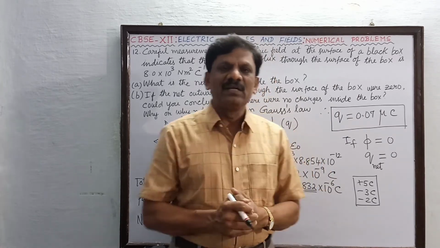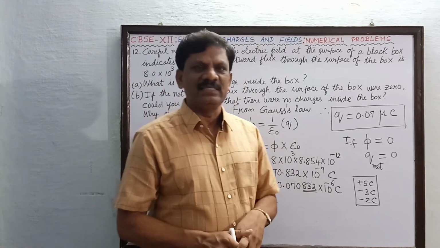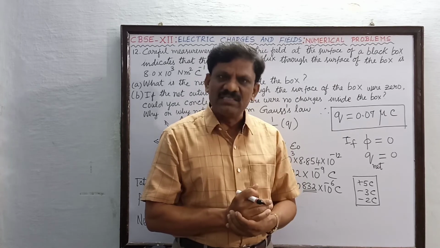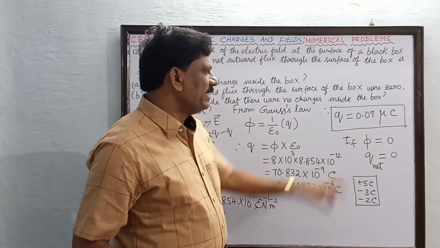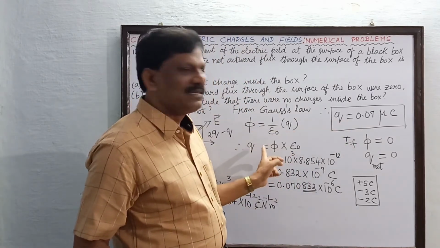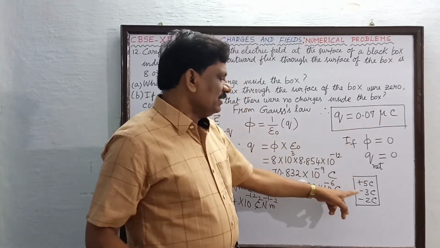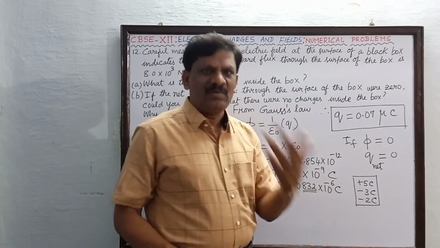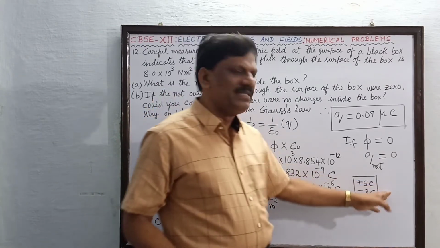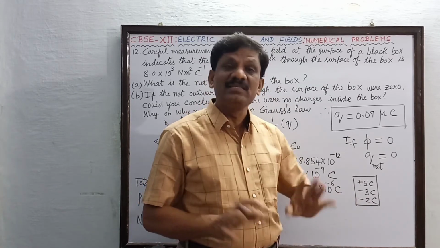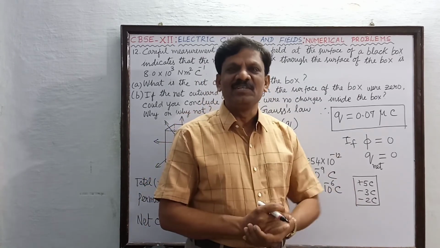So we cannot conclude that there are no charges inside. It depends upon the sign or polarity of the charges also. So the net charge present inside this given container is 0.07 microcoulomb, and the net charge may be the algebraic sum of the given charges. So the flux will be 0 even when charges are present inside the box also. It is possible. I hope you must have understood well. Fine.